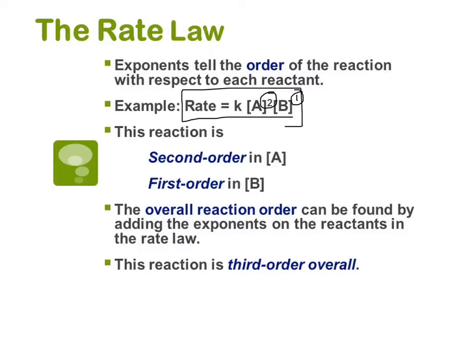To figure out the overall reaction order, we can find this by adding the exponents on the reactants in the rate law. In this example, if we add 2 plus 1, that would give us a third order reaction.